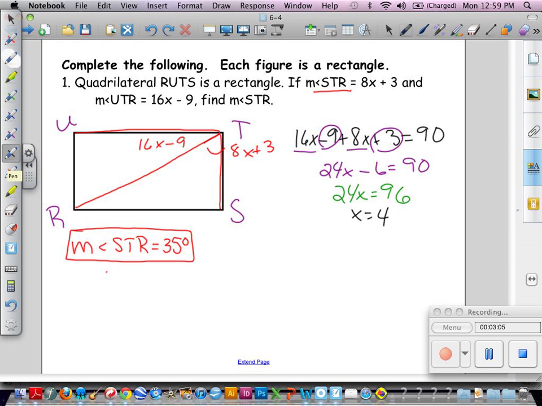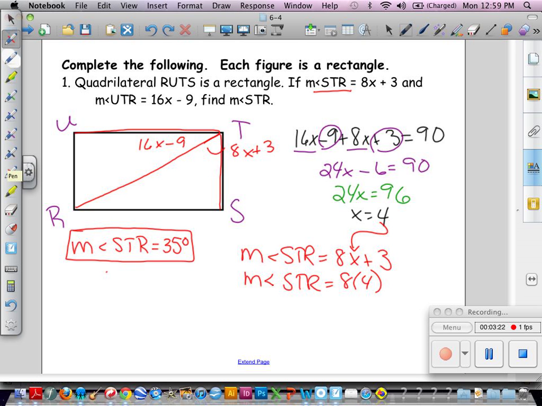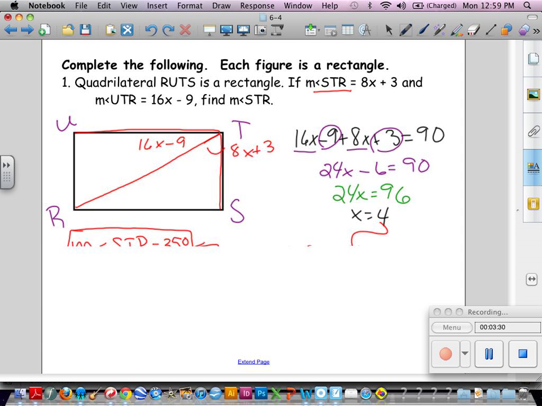Divide by 24. X is 4. Now you need to find the measure of angle STR, which was 8x plus 3. So plug 4 in there. That's how we're getting 35.